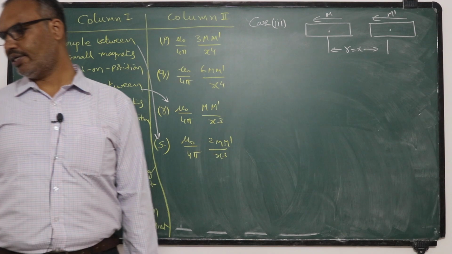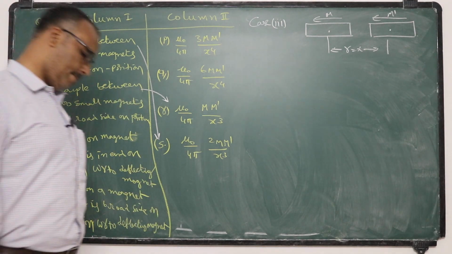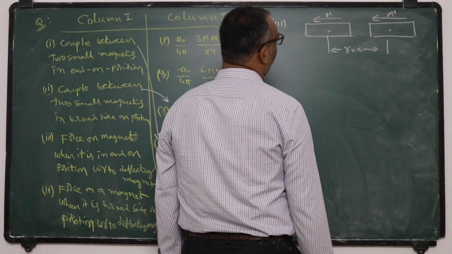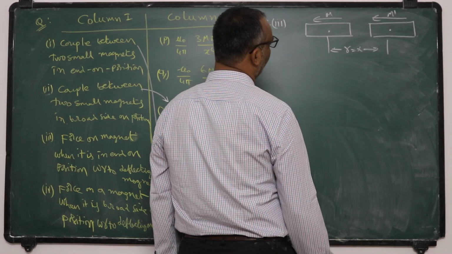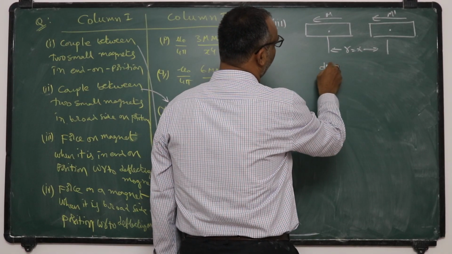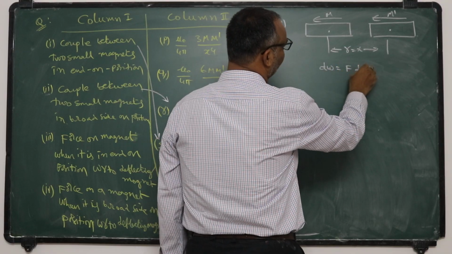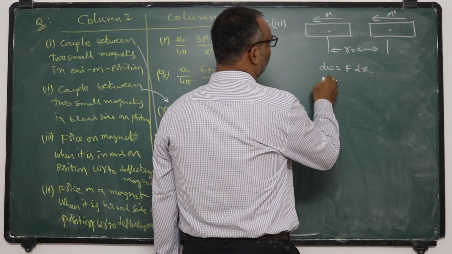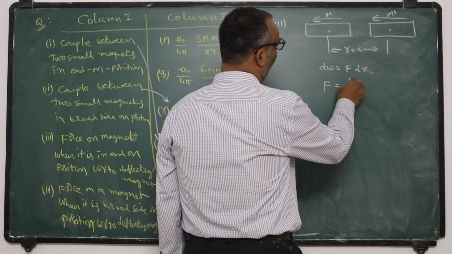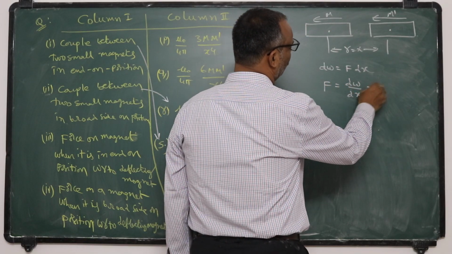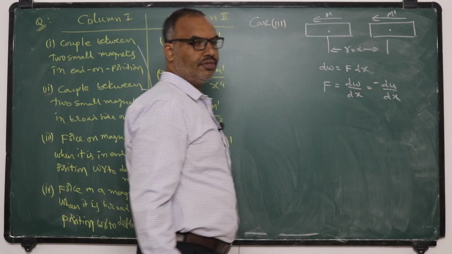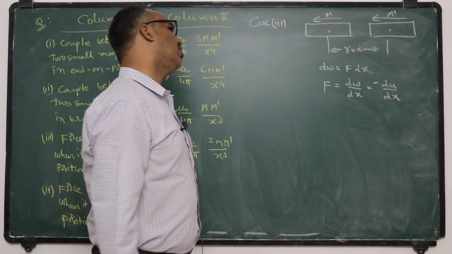Force can be calculated by using the formula dW is equal to F dx. So force is equal to dW by dx, or minus dU by dx with the negative sign. Force is negative gradient of potential energy.